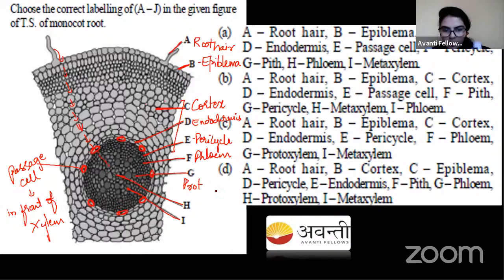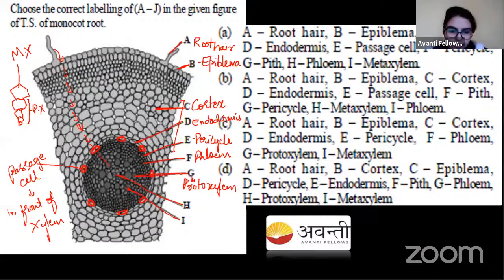See guys, the bigger one is usually referred to as metaxylem, but all the other xylem patches other than the metaxylem are called protoxylem. So here G is nothing but the protoxylem.